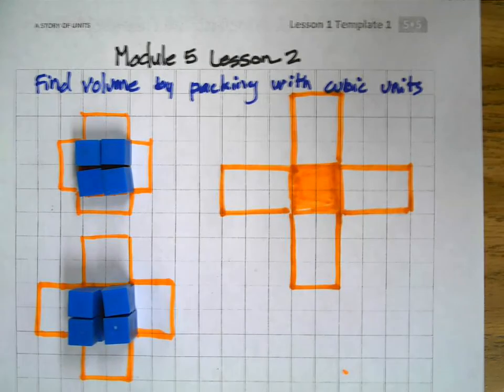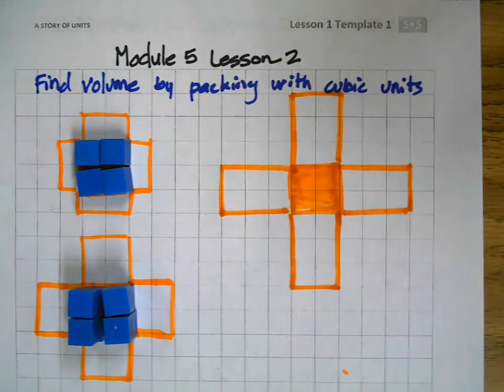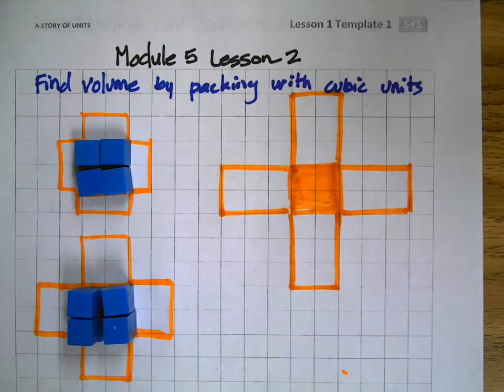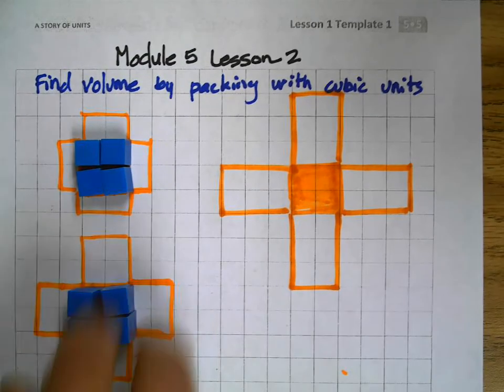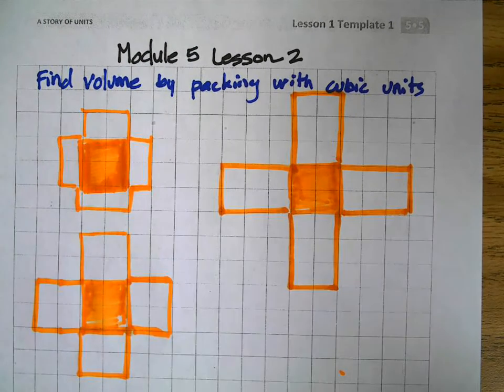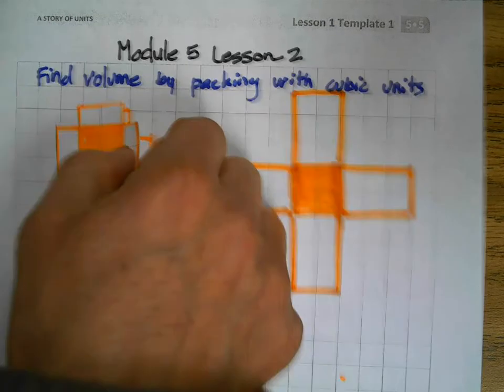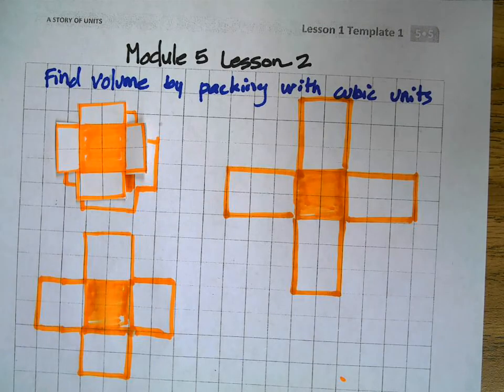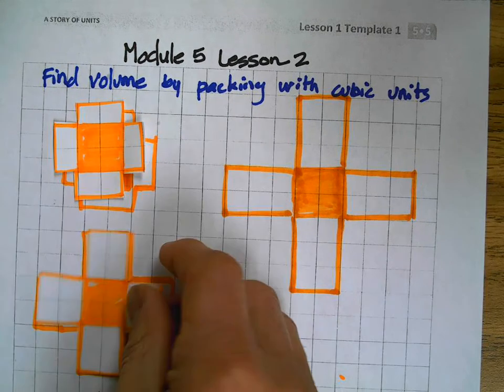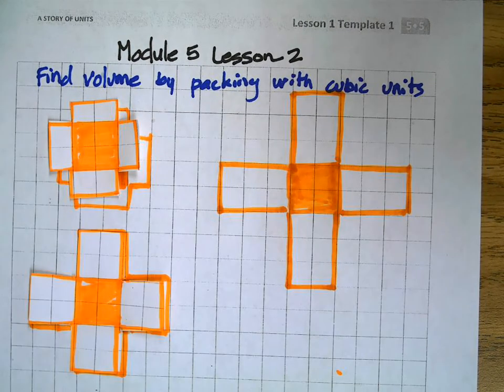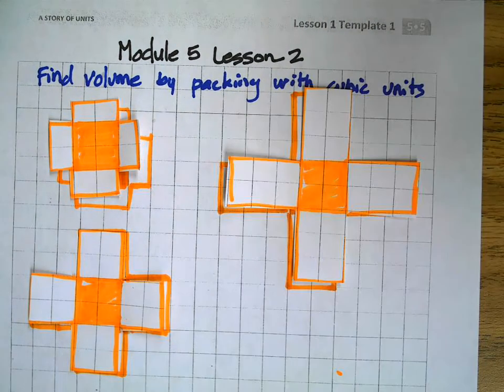Now, the goal for this lesson is to create these boxes. So I went ahead and cut this out already. This is box number 1 with only 4 cubic units. This one has 8 cubic units, and this one has 12 cubic units.